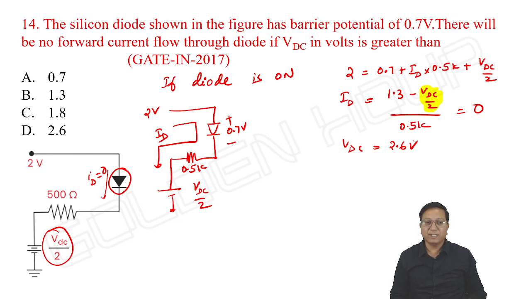If VDC is equal to 2.6 volts, then there is no scope for the diode to conduct. If VDC is less than 2.6, then there is scope for the diode to conduct. That's how we can do this problem. So it's not like every time the diode will simply conduct.